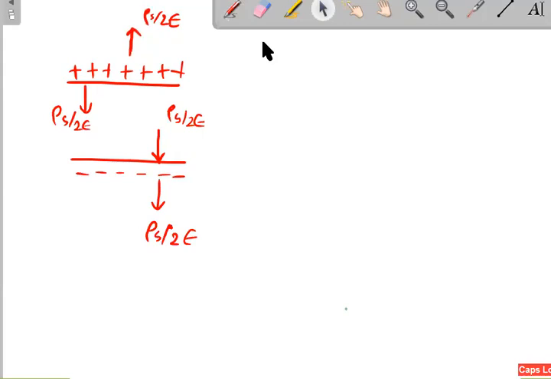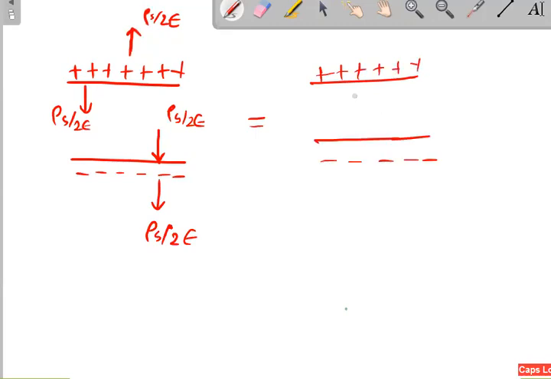So what is the equivalent structure? Finally, you will have field only inside the plates. How much field? Effectively, you have to add these two values: 1 by 2 plus 1 by 2 is 1, so rho s by epsilon.